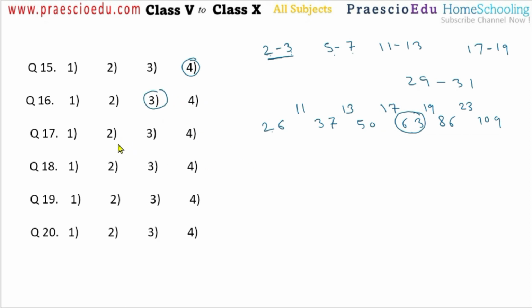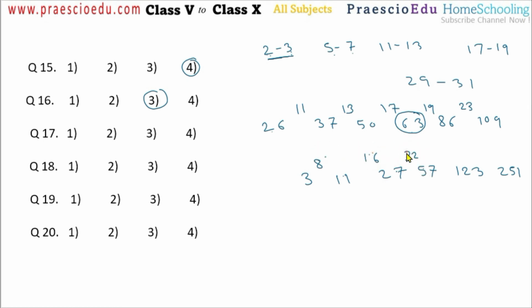Now question number 17, find the odd term of the given number series. So 3, then 11, then 27, 57, then 123 and 251. So here the difference is 8, here the difference is 16, here the difference should be 32, means 8 multiplied by 2 each time.